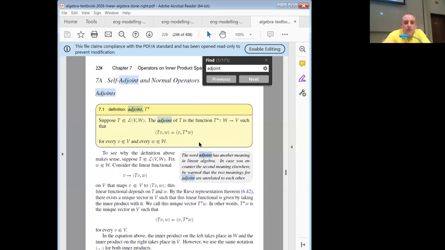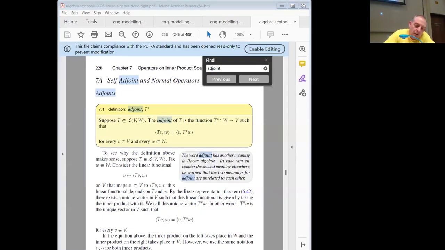The adjoint of T is the function T star, which sends W to V such that T, the inner... Okay. Just a cotton picking minute.